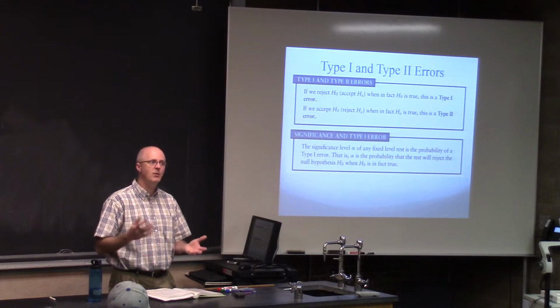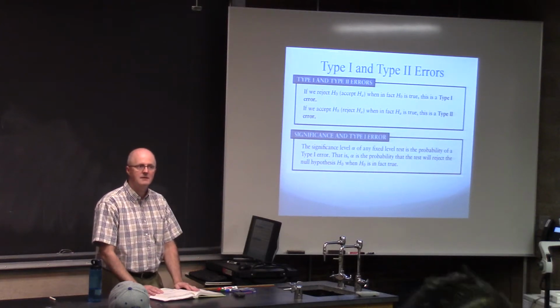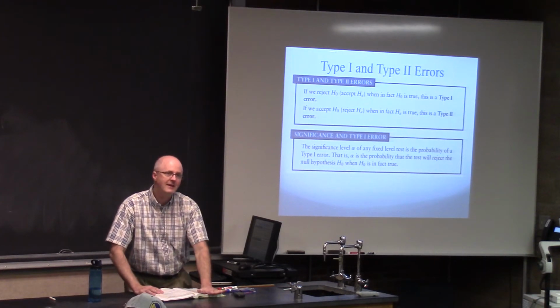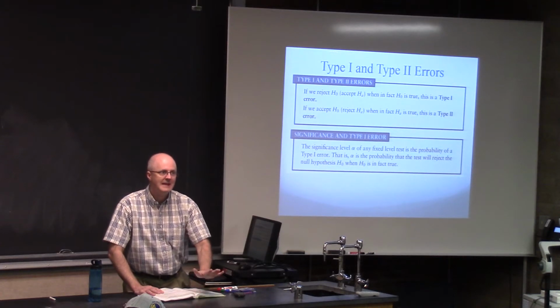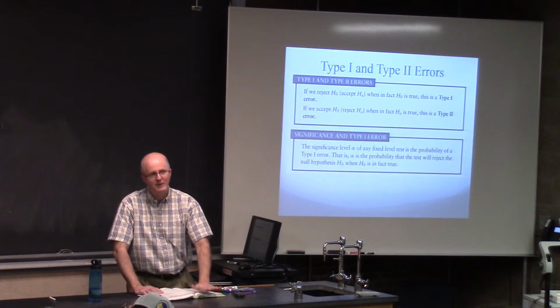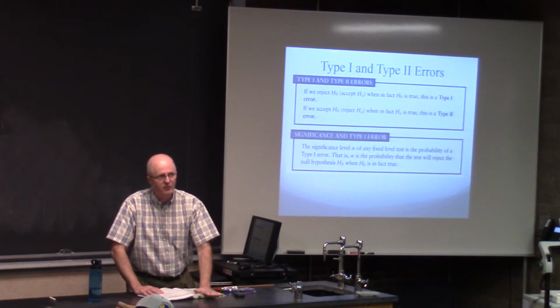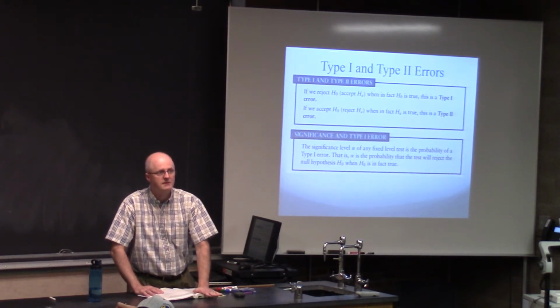By picking alpha, you are deciding before the fact what the probability of a type 1 error would be. By making alpha lower, you're making the probability of a type 1 error lower. If people will die or go to jail when they shouldn't when you make a type 1 error, bad things are going to happen. You're going to want to make alpha really low. You're going to want really strong evidence against the null before you reject it.